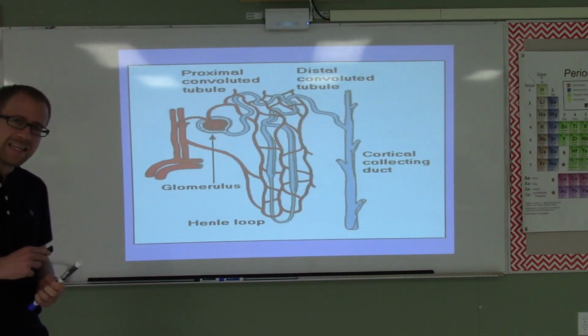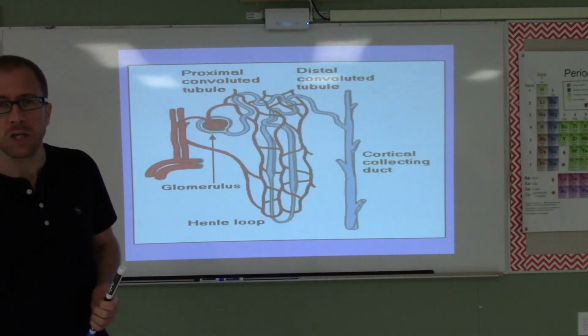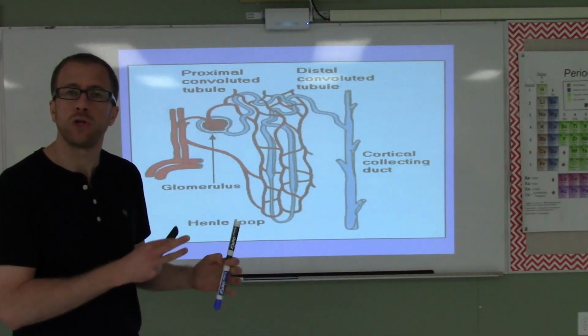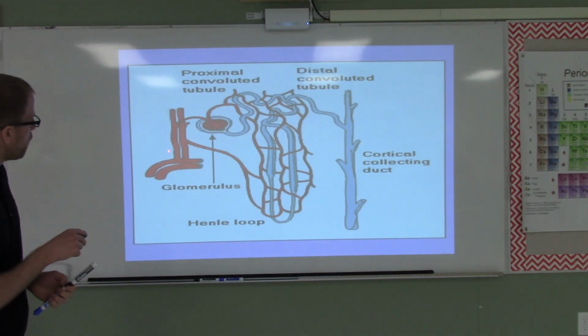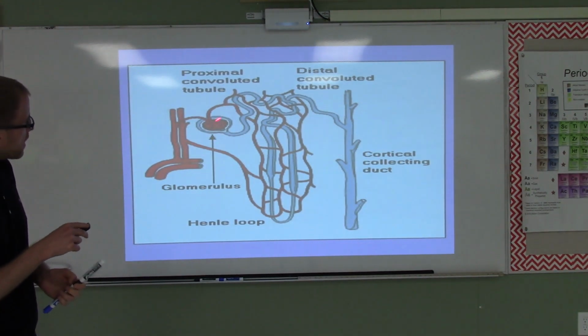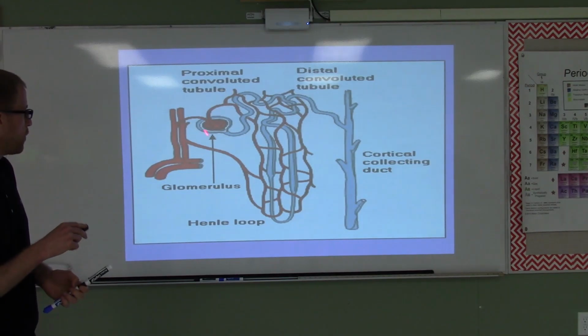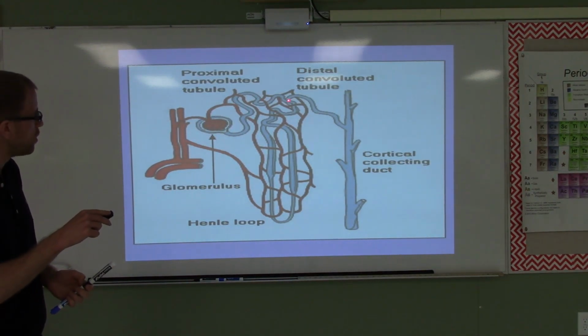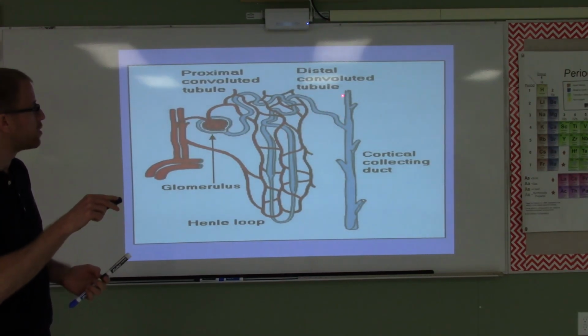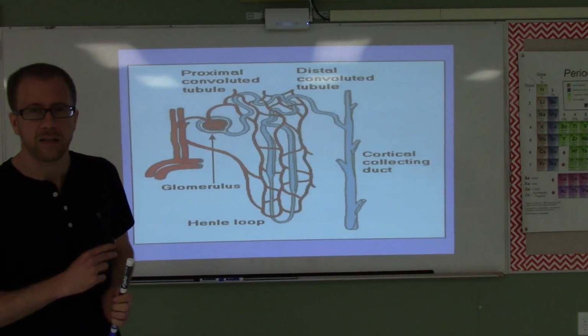So this is the nephron, the basic functional unit of your kidney. Now, blood will flow into this little area here, the glomerulus, where blood will leak out. It enters then the proximal convoluted tubule, then goes down the loop of Henle to the distal convoluted tubule, then the collecting duct.